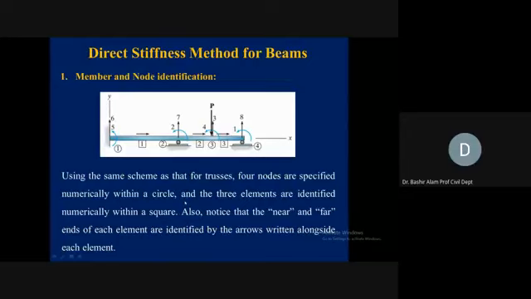So the square numbers are showing the element numbers. Also notice that the near and far end of each element are identified by arrows written alongside each element. So you can see these arrows also, which is showing you the connectivity.